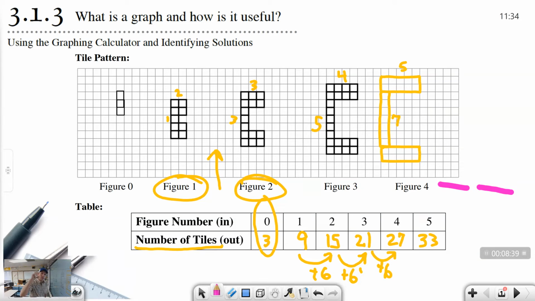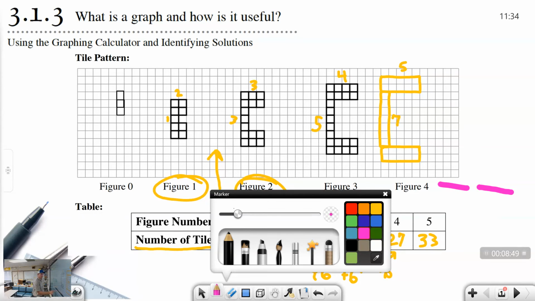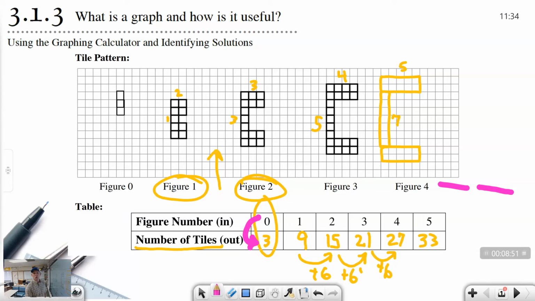And what do you do to the top number to get to the bottom number? Well, tell me, what do you do to 0 to get to 3? Well, multiplication has no power over 0. So that gives us the add number, 0 plus 3. So we know part of our rule.